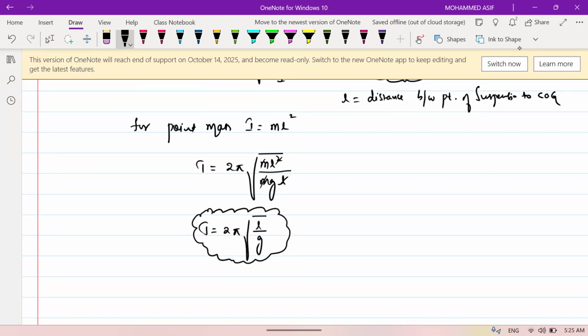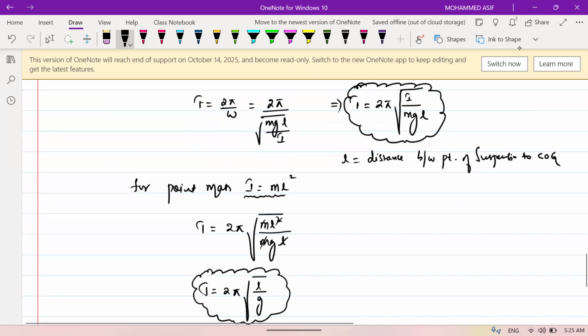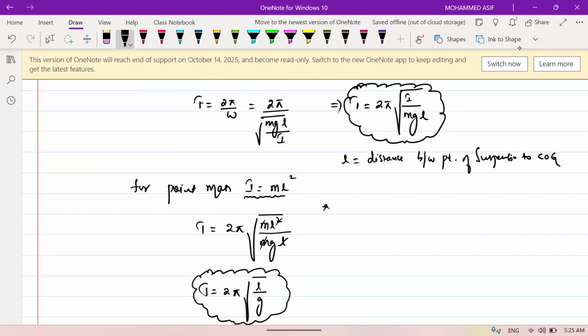Clear, sir. So for point mass, the moment of inertia is I equal to m into L square. Now tell me, if the bob is a sphere of radius r, then moment of inertia for this will be equal to how much?